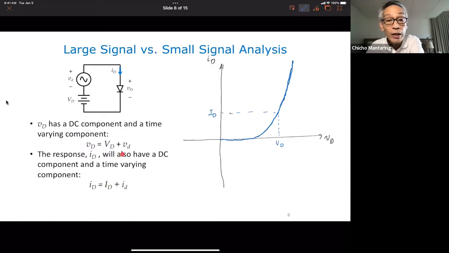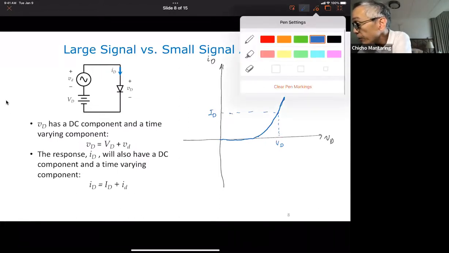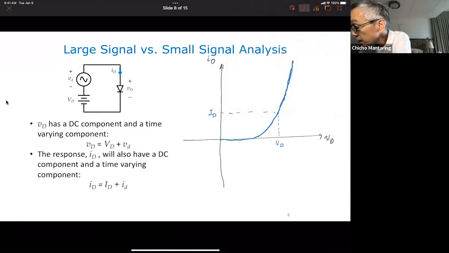Okay, what will this small v sub d do? This small v sub d will cause my operating point to shift up and down. If you take a look at the effect of your small v sub d, it's going to be operating somewhere here.